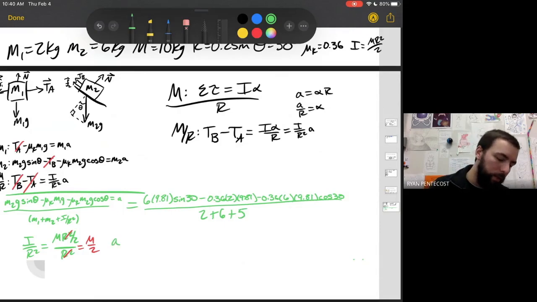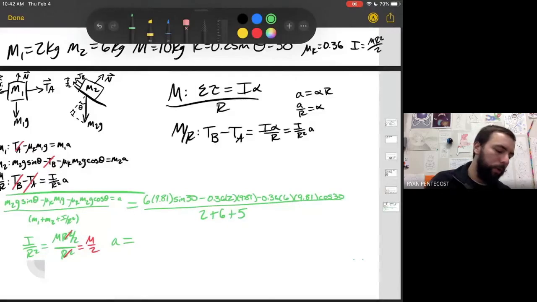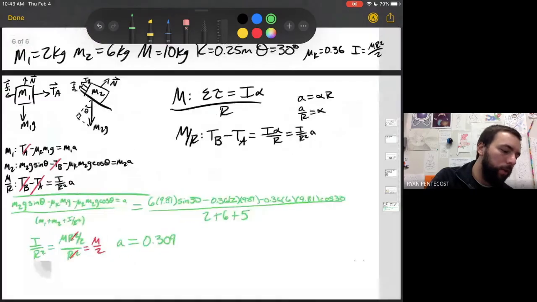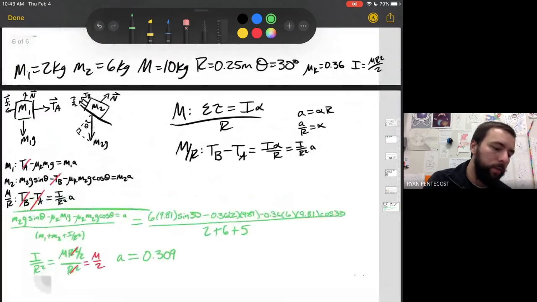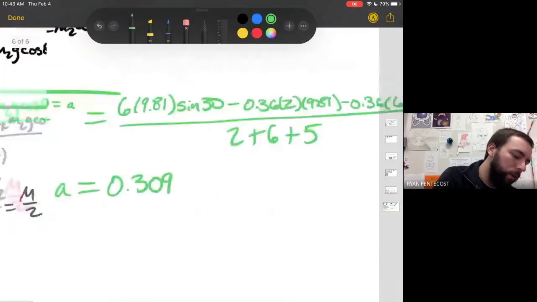Now that acceleration, put that in our calculator. All right, so when we put that in our calculator, I got 0.309. Now, if we look at our units, we're using kilograms, meters, degrees, unitless for the coefficient of friction. So this is all SI units, so that should remain meters per second squared.